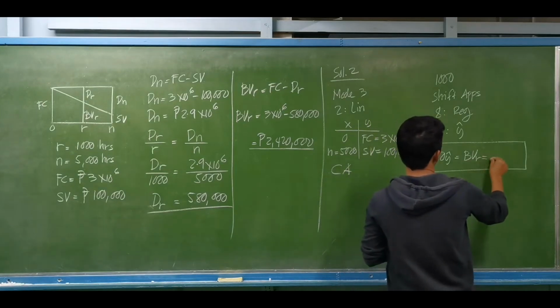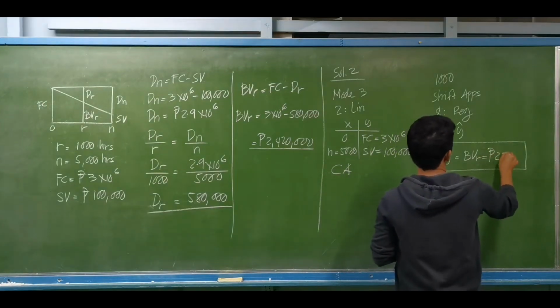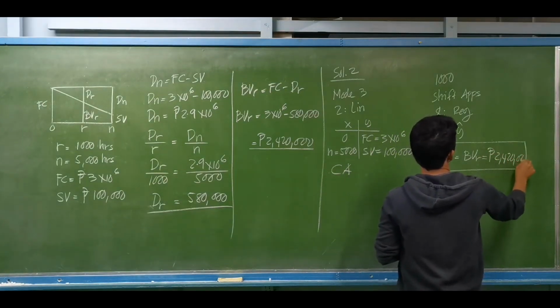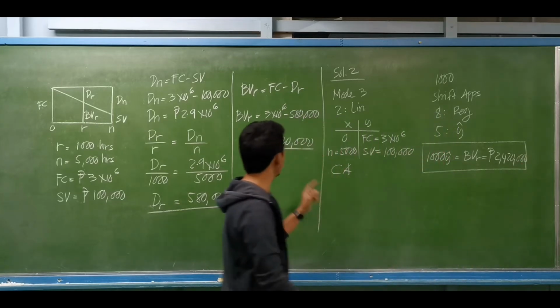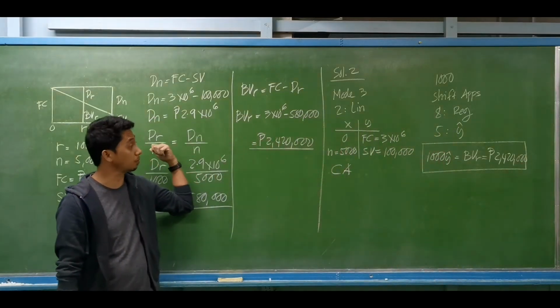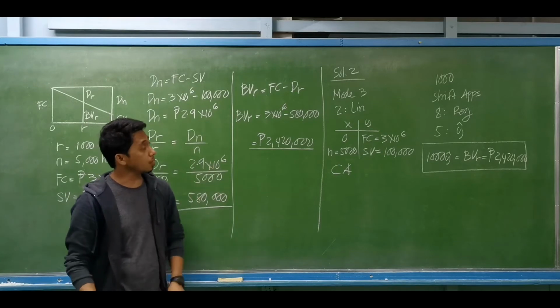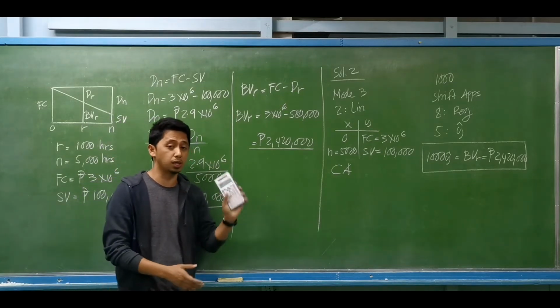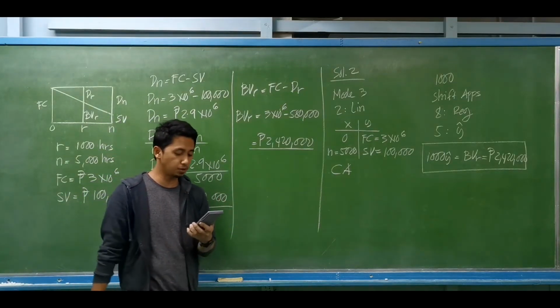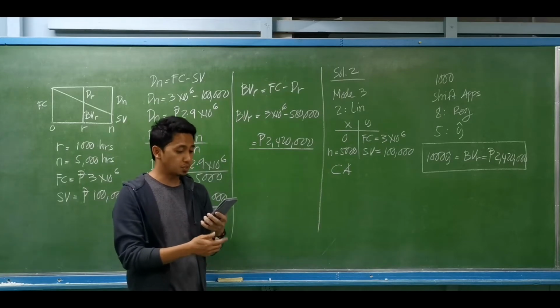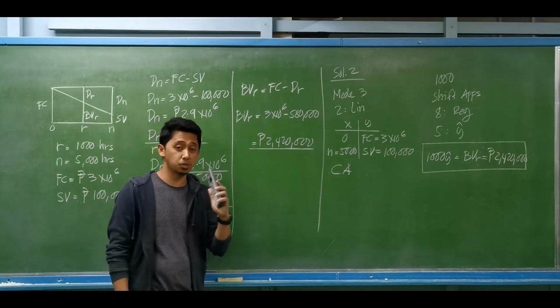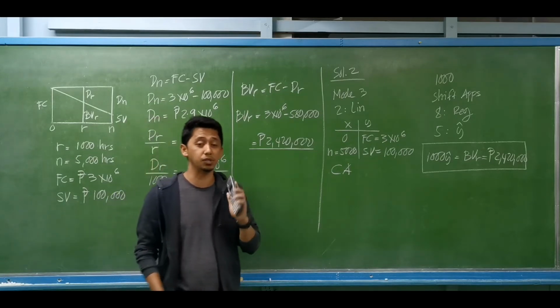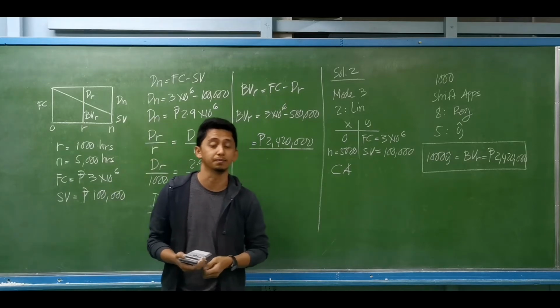That will be equal to 2,420,000, the same as our answer using the formula. And this is our solution 2 using the mode stat of the Casio fx-991 ES, which is again allowed by PRC for the Civil Engineering Board Exam.